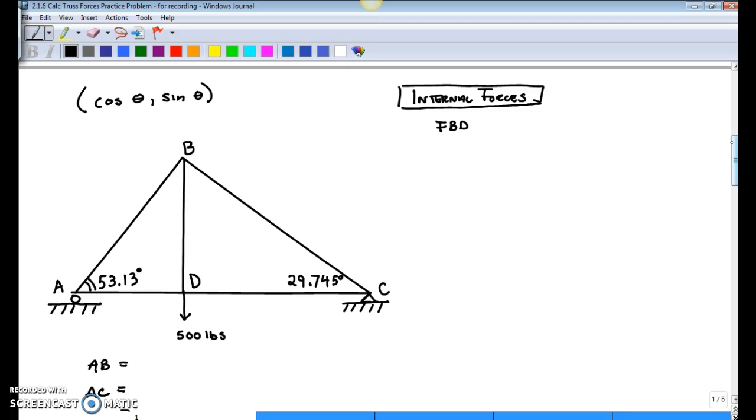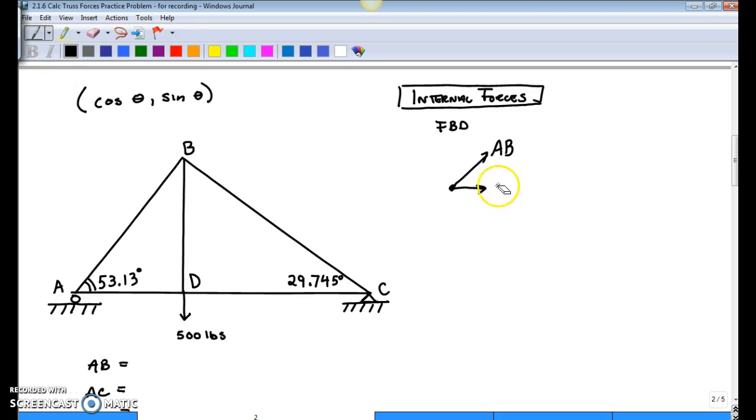We're going to look at joint A, which is where we're going to start. If we look at joint A, our free body diagram looks something like this. We've got the joint itself, then we have member AB coming up to the right, and AD directly to the right.